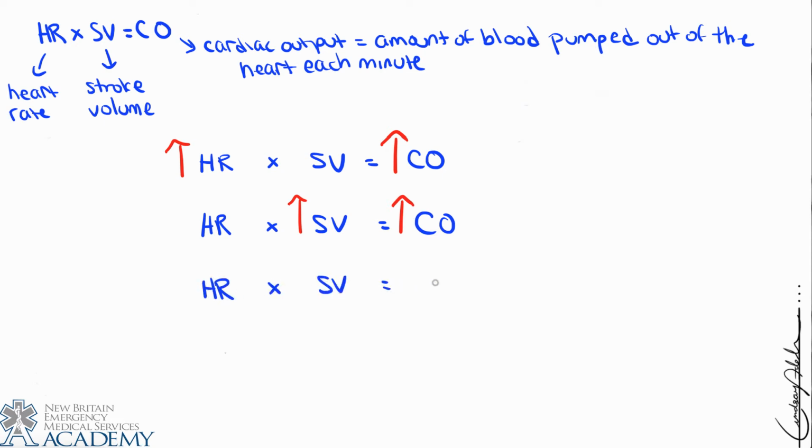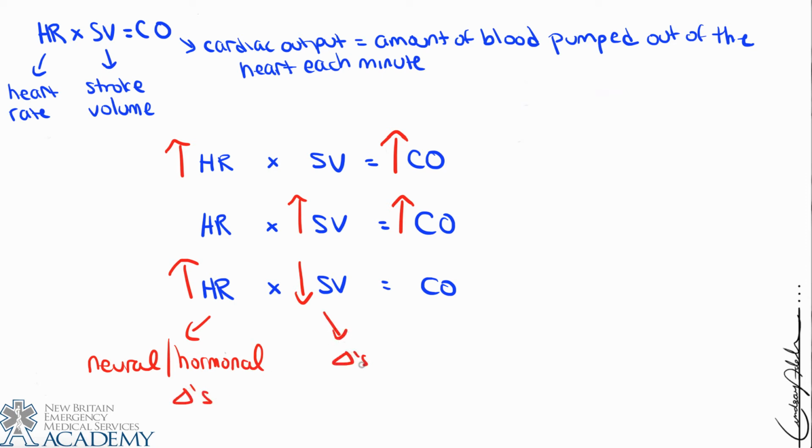But we're going to talk a little bit more about how that gets complicated later on. And then just for the sake of comparison, if we were to increase the heart rate but decrease the stroke volume by the appropriate ratio, then we would maintain our cardiac output. So in order to consider how cardiac output changes, we need to consider both how heart rate changes and how stroke volume changes.